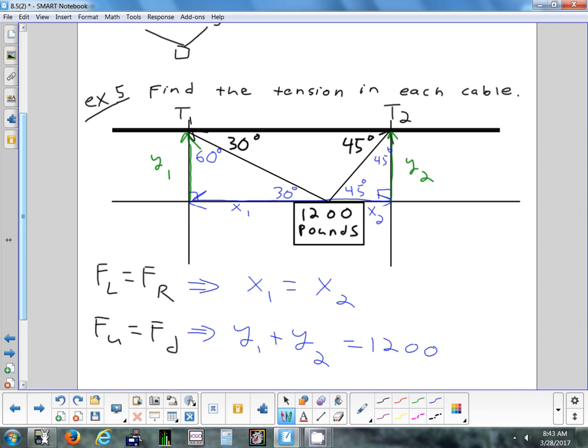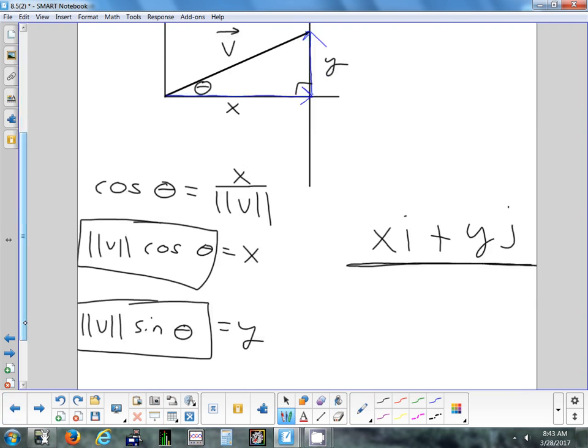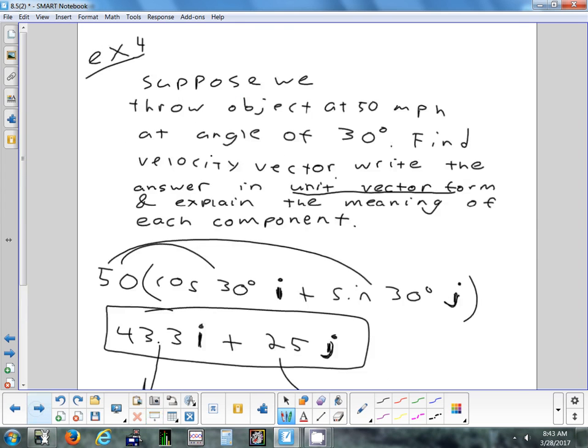Okay, so now we need to figure out x1, y1, x2, and y2 exactly like we did right here. We figured out x and y based off the hypotenuse, which is the tension, and the angle. So we're going to do this 4 times, but eventually we'll hopefully see a pattern where the horizontal stuff is a certain function and the vertical stuff is another function.